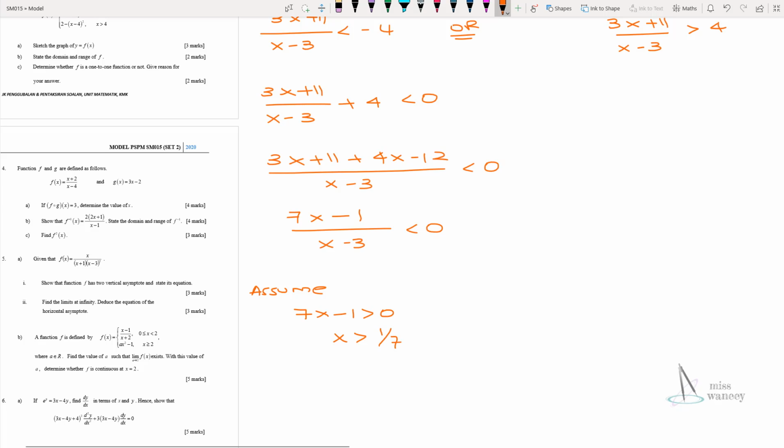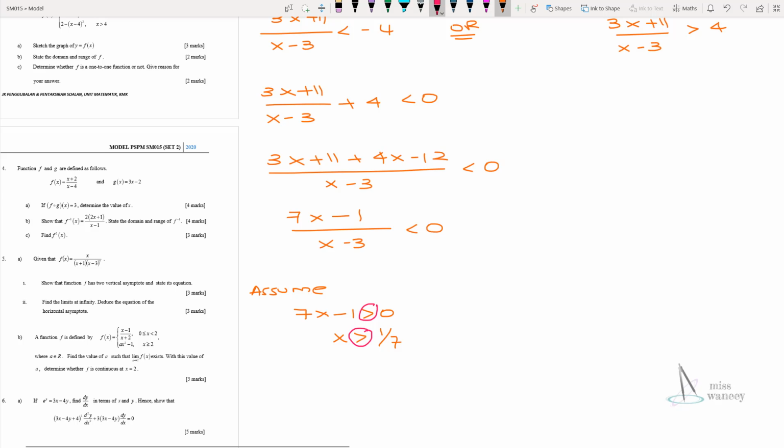So just in case you forgot, normally for me, I always assume them to be greater than 0. So sometimes I have equal, so that one need to be referring to the question that we have before this. Okay, so normally for assume, I always assume them to be positive.